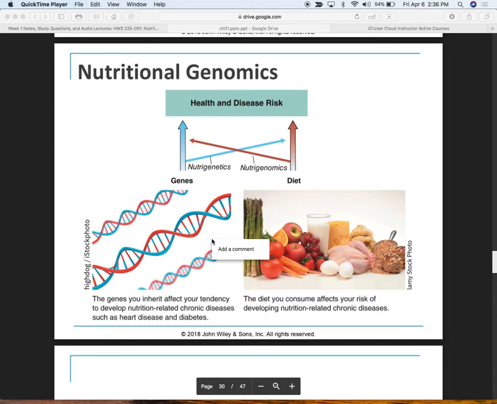Okay? And this is a really interesting field. Some of the first studies in epigenetics came about when they started studying Scandinavian countries, which have a fairly homogeneous gene pool. There's not a lot of diversity in Finland, for example, so they have a pretty set standard gene pool.